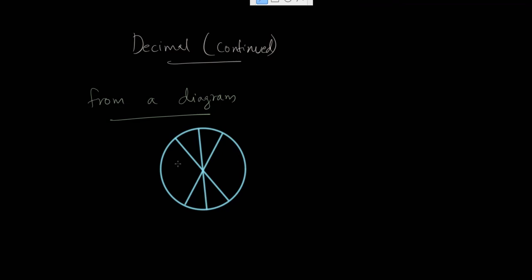Let me see how I can draw this. Okay, so how many parts are there? 1, 2, 3, 4, 5, 6, 7, 8, 9, 10, right? Yeah, so we have 10 parts over here.